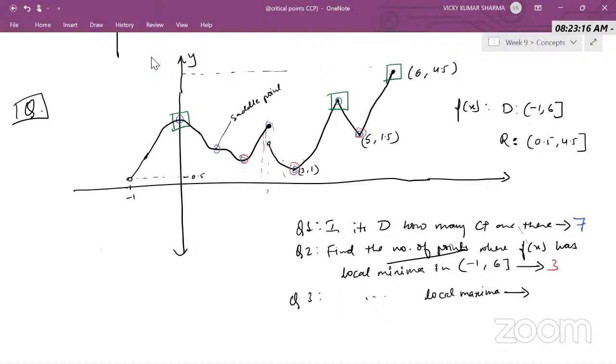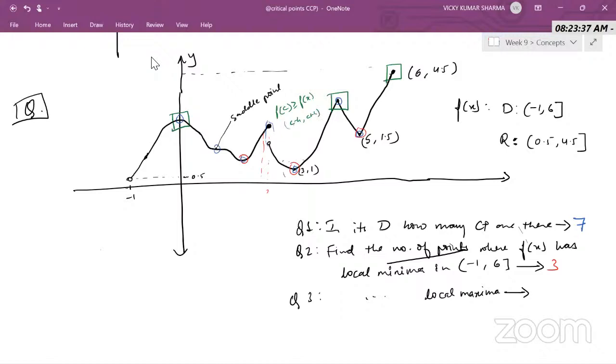When something comes like this, just go with the definition. What does it say? f of c should be greater than or equal to f of x, in what interval? I should take c minus h and c plus h. In this interval this has to happen.